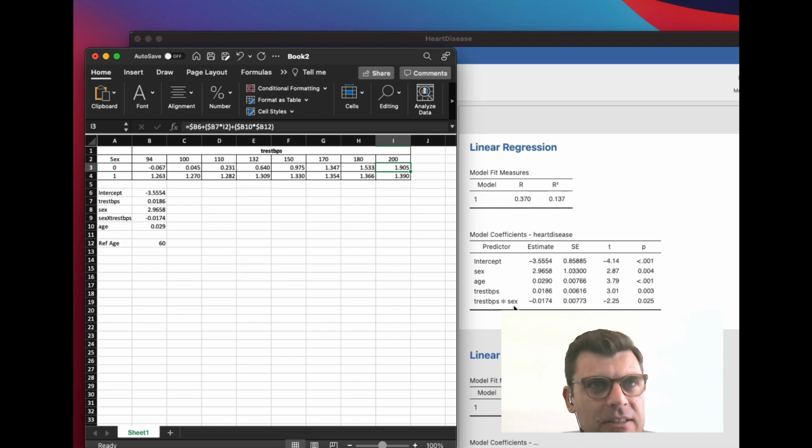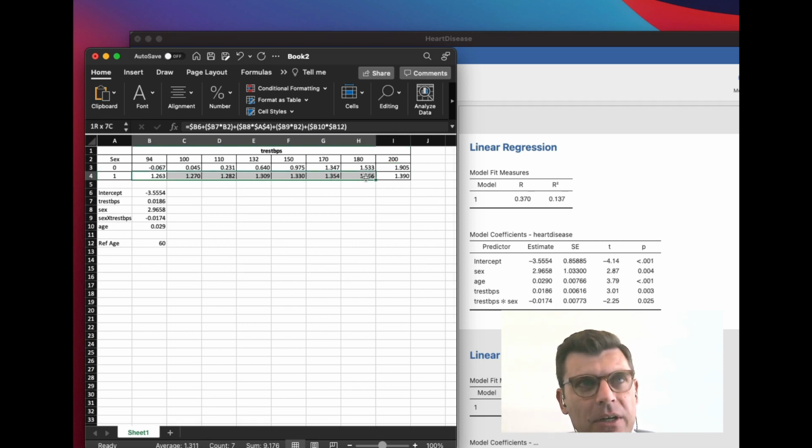What this interaction is telling us is that for people who are male, the relationship of blood pressure on heart disease is reduced. It's buffered by being male. As blood pressure goes up, the severity of heart disease still goes up for men, but not nearly at the same rate as it goes up for women.